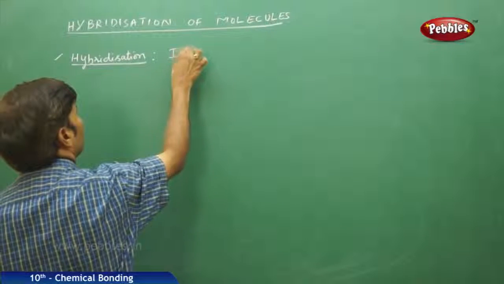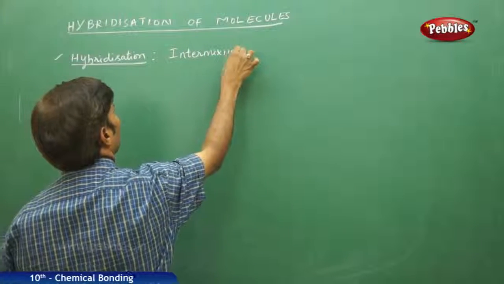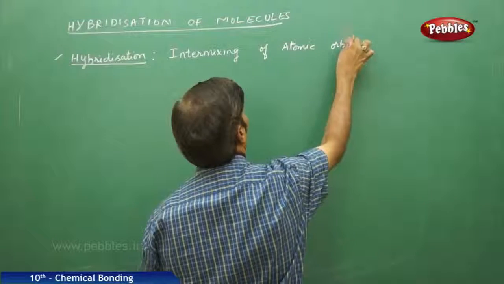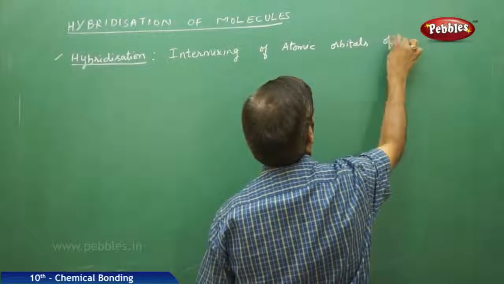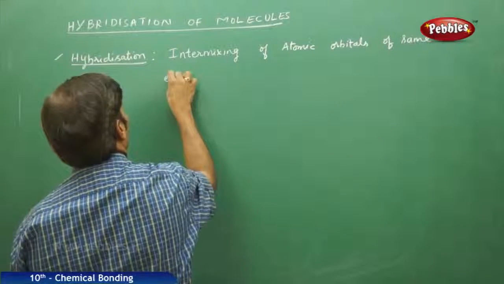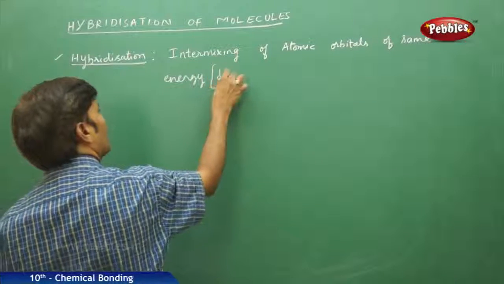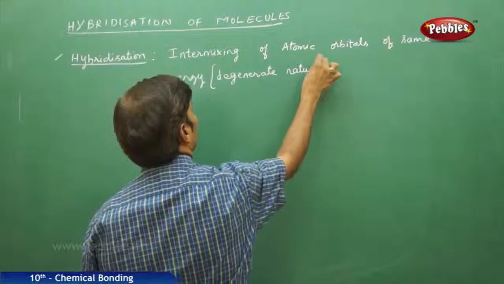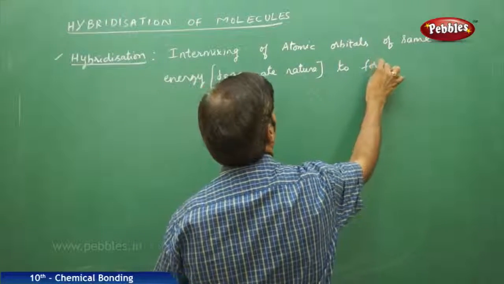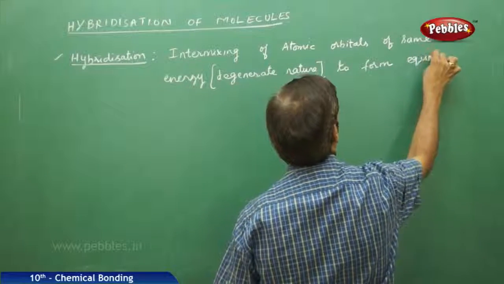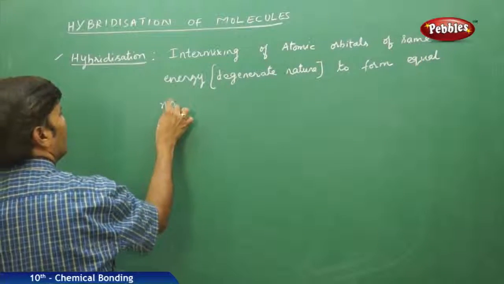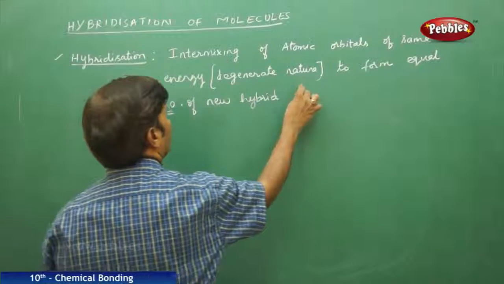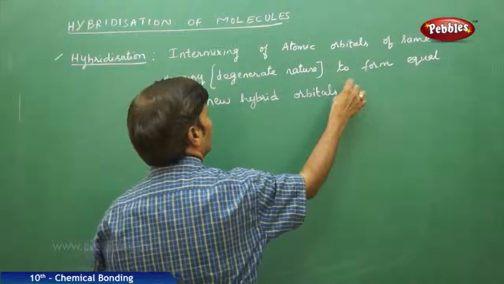The intermixing of atomic orbitals of same energy, nearly same energy, called degenerate in nature, means same energy, to form equal number of new hybrid orbitals is simply called hybridization.